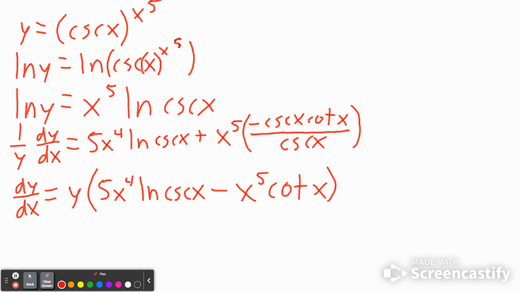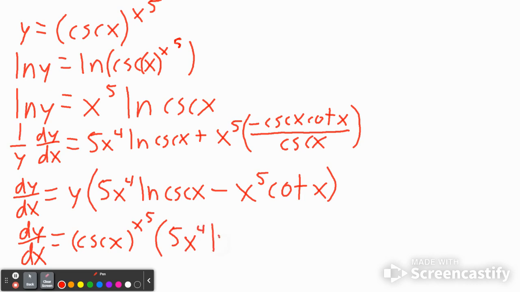Now we know what y is. y is cosecant x all to the x to the fifth power. So we can rewrite that to get dy/dx is equal to cosecant x to the x to the fifth power times 5x to the fourth times the natural log of cosecant x minus x to the fifth times cotangent x.